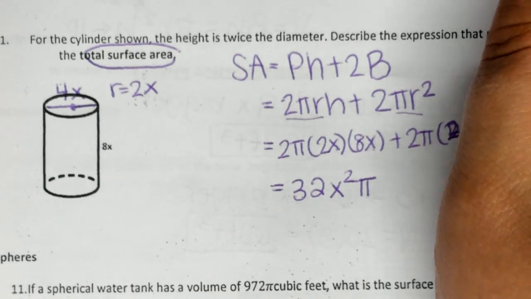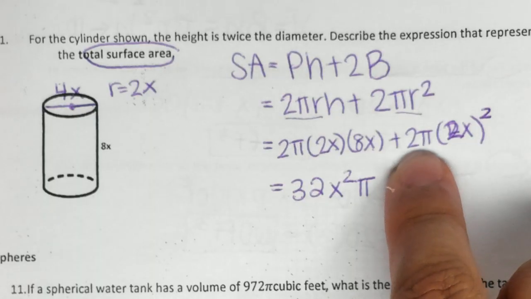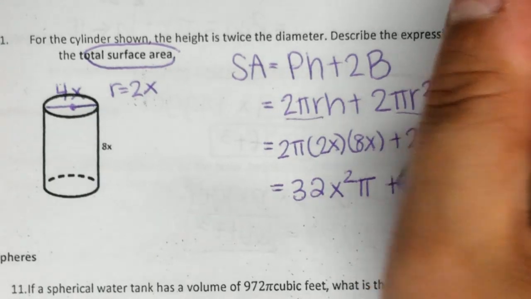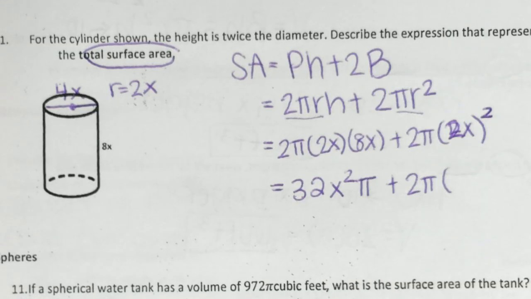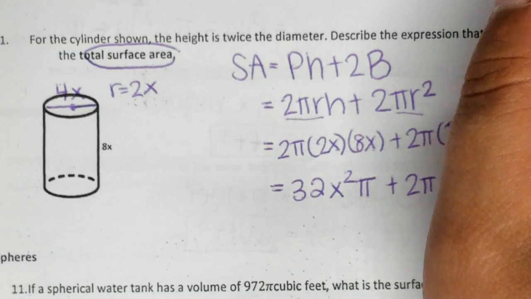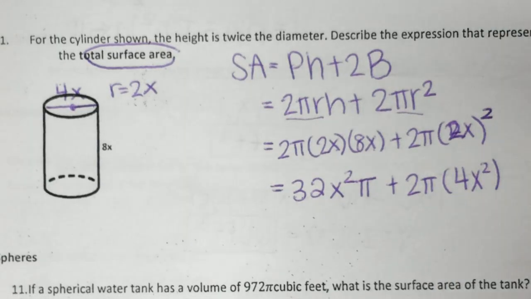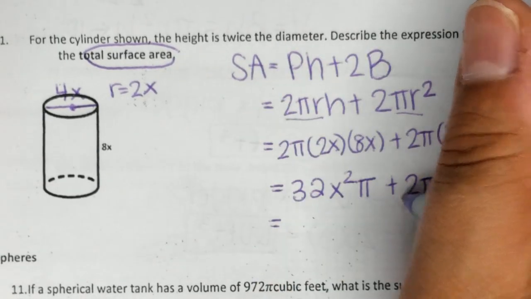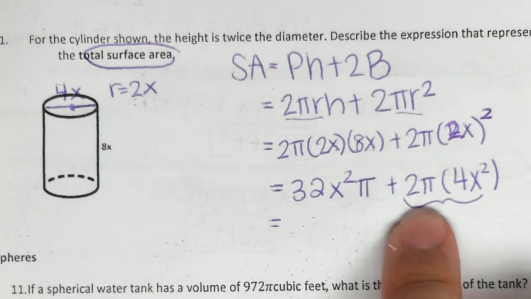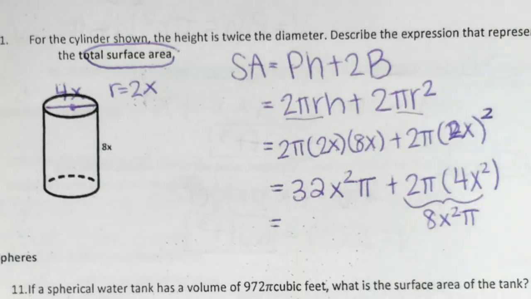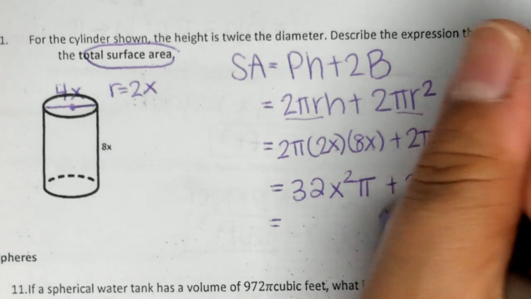Sorry, I forgot the squared up top. And then what is 2x squared? Four x squared. And what is 4x squared times 2 pi? 8x squared pi.